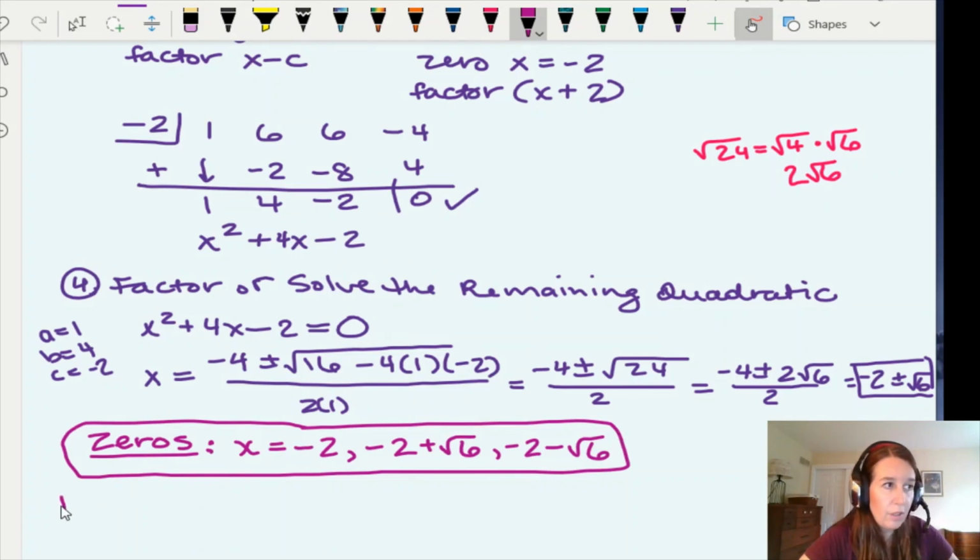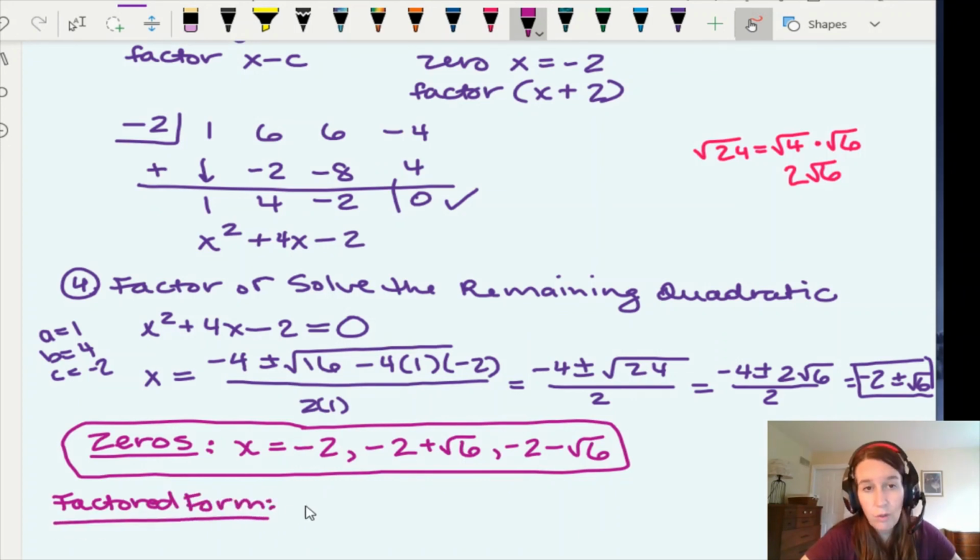The other thing you may be asked for is the factored form of the polynomial, right? The polynomial was given in standard form. So to find the factored form, we're going to use the zeros. So f of x is equal to, it's always x minus the 0. Okay, they call the zeros c, so it's x minus c times x minus c times x minus c.